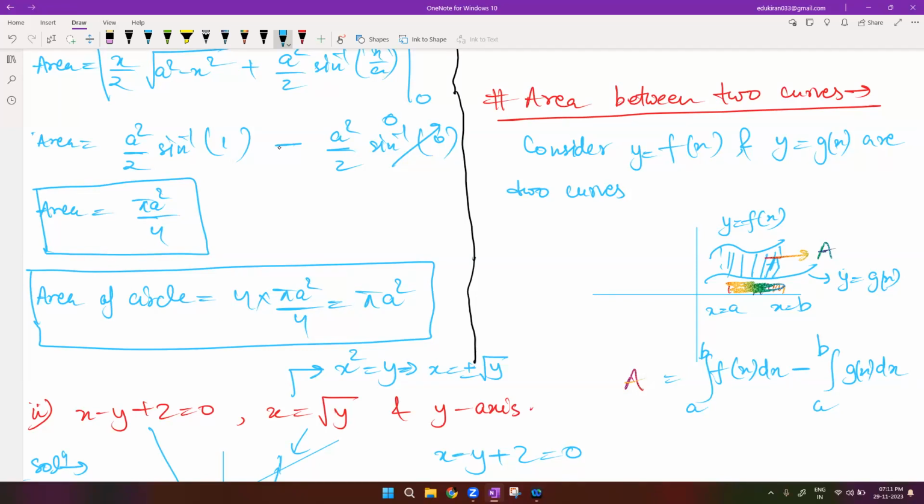These are the two concepts, and both are related to one simple concept, that you can find the area under any curve up to the axis. This is also an extension of the first part, area under a curve. If you want to find the area between two curves, then you first find the area under the upper curve, then the area under the lower curve, and you subtract them to find the area between them.